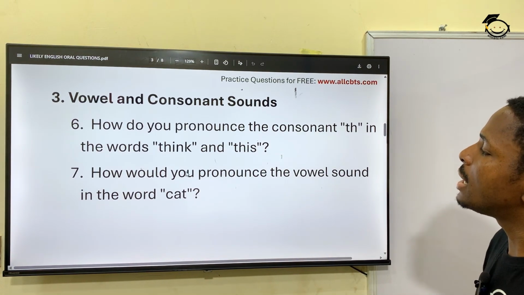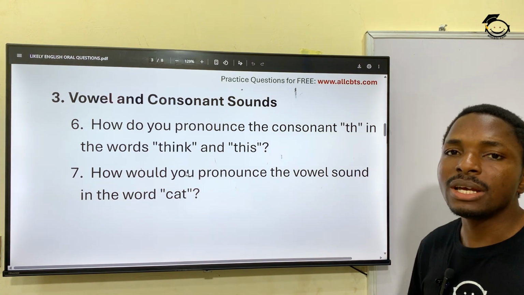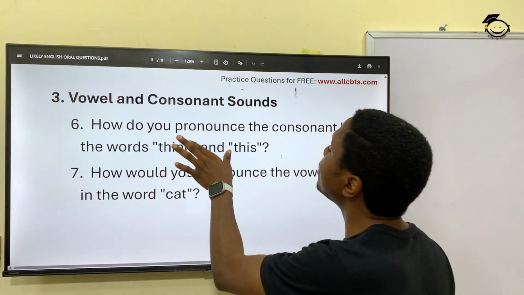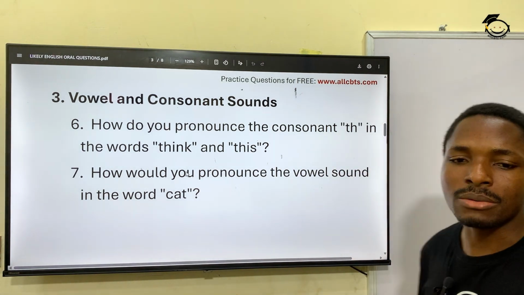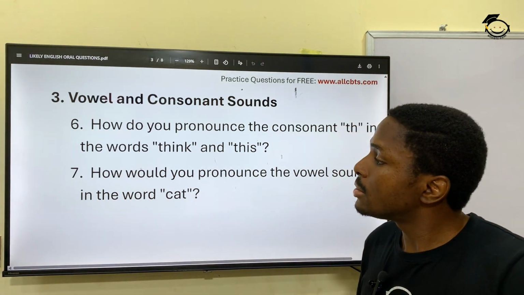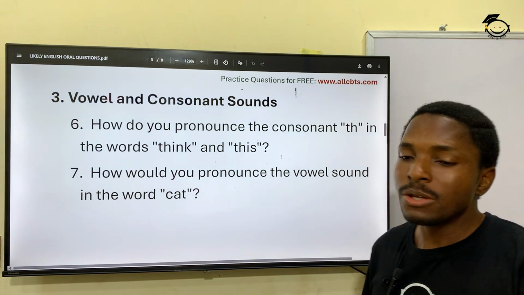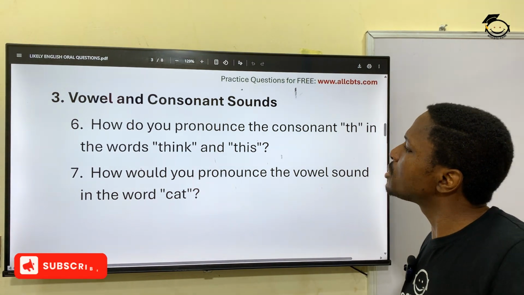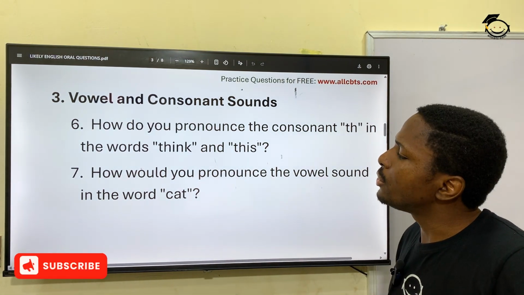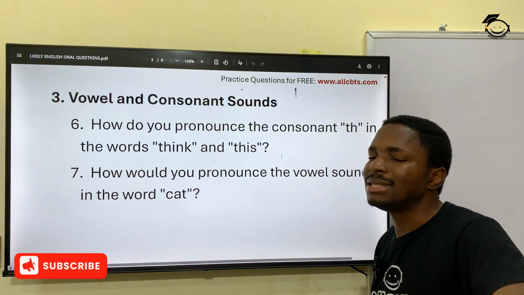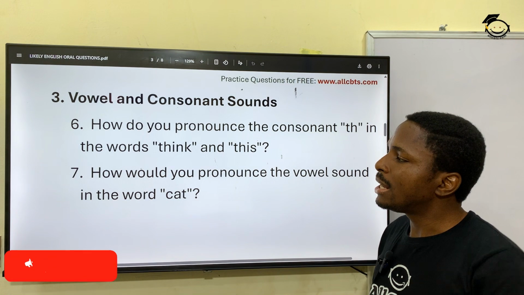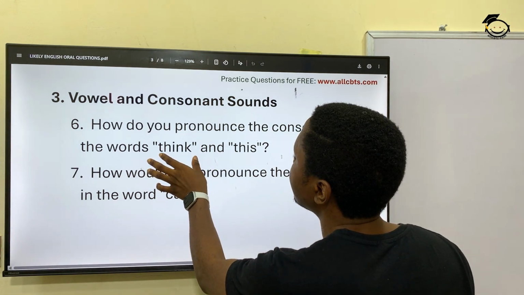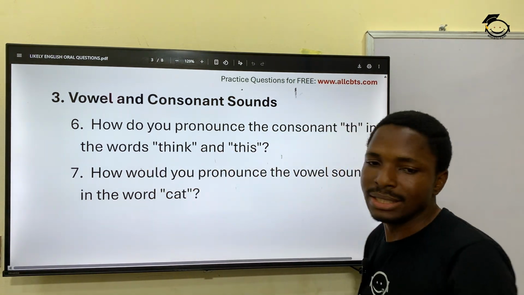Now let's go to vowel and consonant sounds. I made a video where I did a lot of justice to this. Let's see some examples. How do you pronounce the consonant in the words think and this? Now, the one in think is different from the one in this.